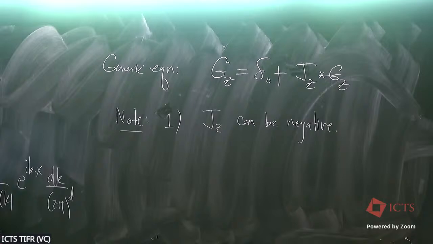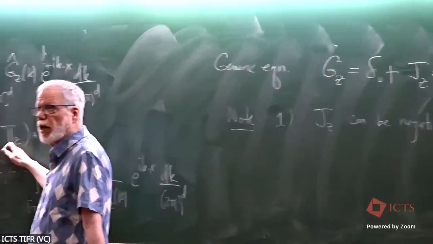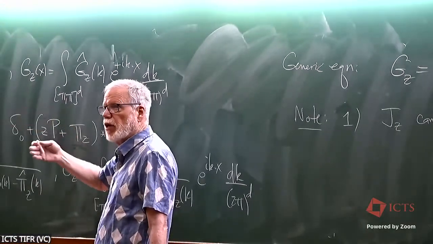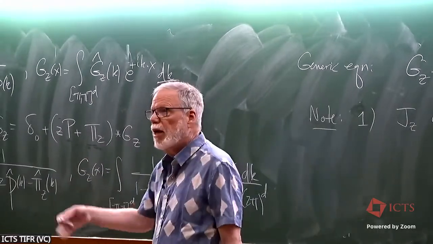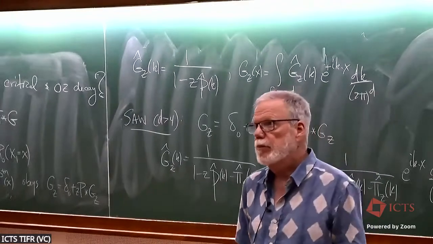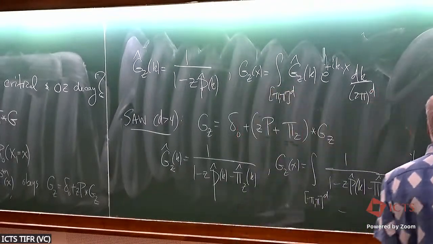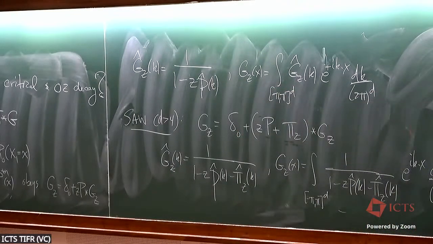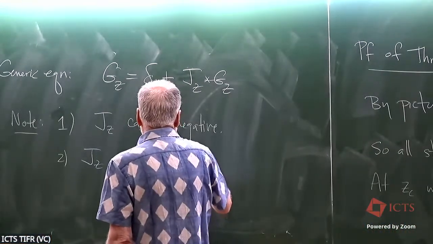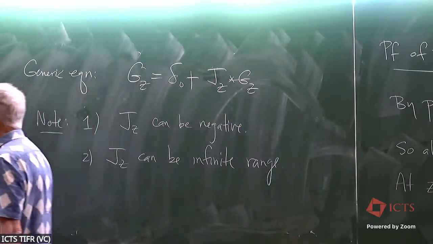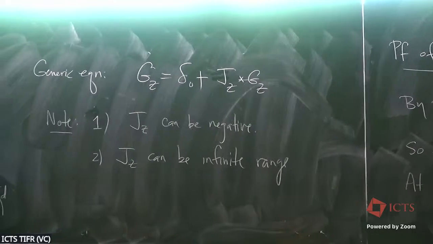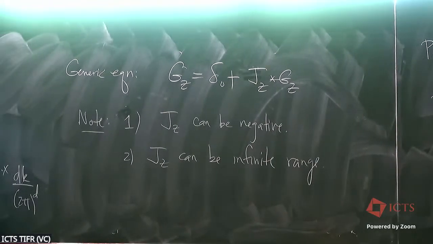Pi is long range and it can be negative. The first term in pi, in that sum of diagrams, came in with a minus sign. So pi can be negative, so we can't use probability theory. And the second thing is that J can be long range. It can be infinite range. Pi of x could be non-zero for any x, no matter how big it is.